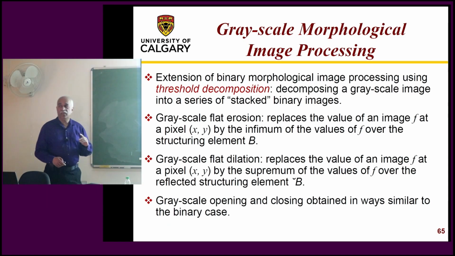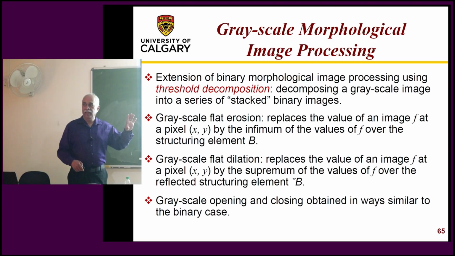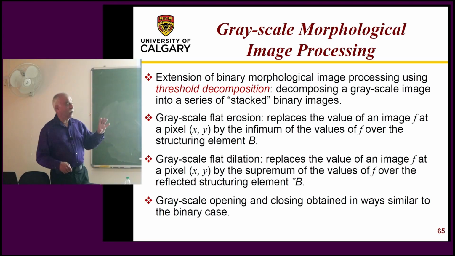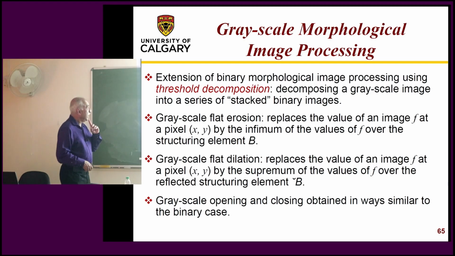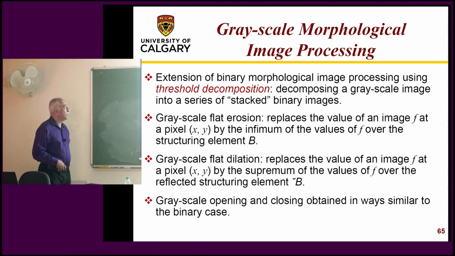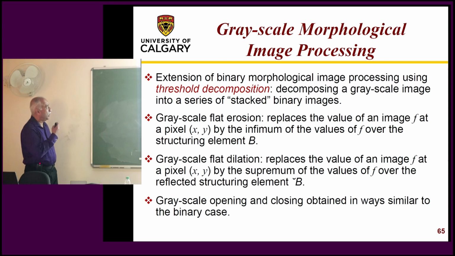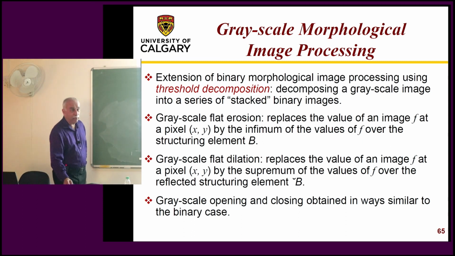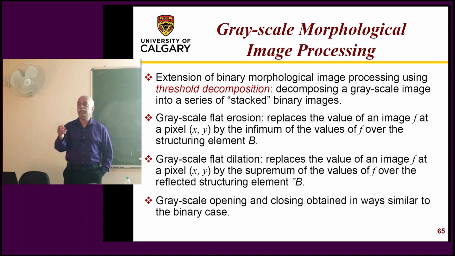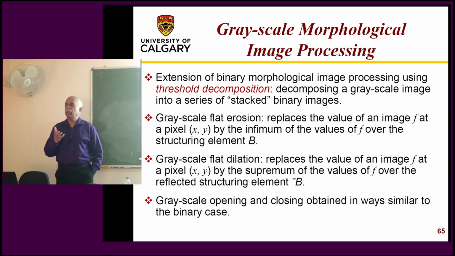Now, grayscale morphological image processing is an extension of the basic binary set-based operations. You can extend binary morphological image processing using threshold decomposition. So you could break down the grayscale image into bit planes, apply it on bit planes and then recompose the image.